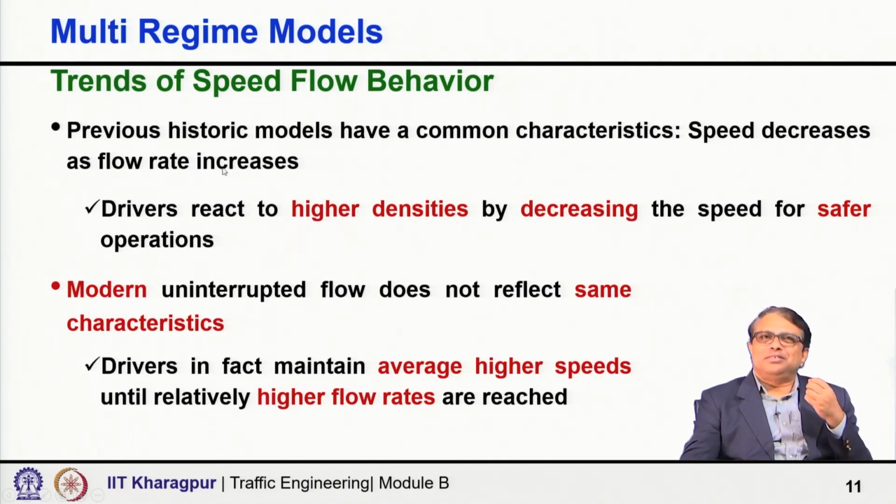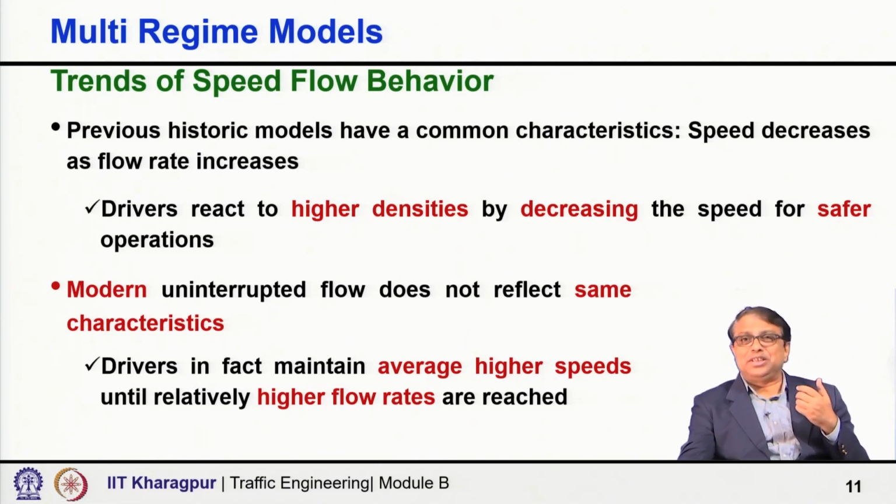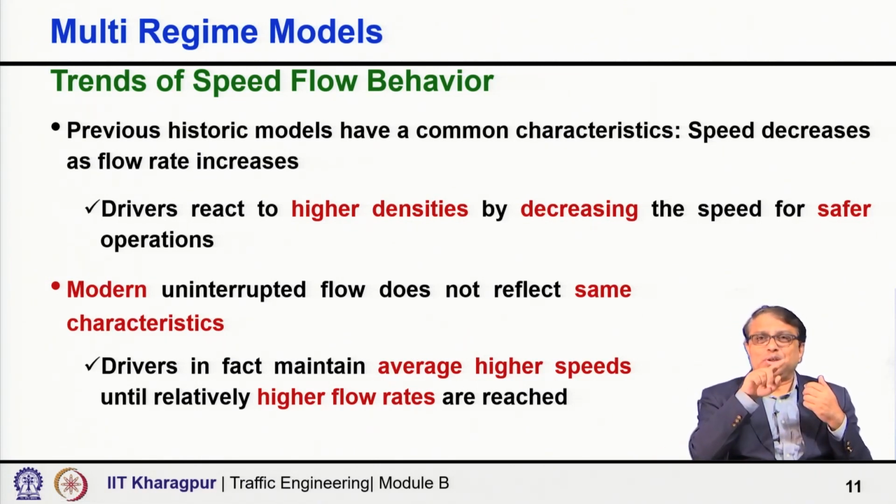The majority of the historic models which were developed at an early stage have a common characteristic. All of them say that generally speed decreases as the flow rate increases. If you remember the speed flow relationship from the Greenshields model, the speed is decreasing, though depending on which axis you use as x axis and which as y axis, the orientation may change.